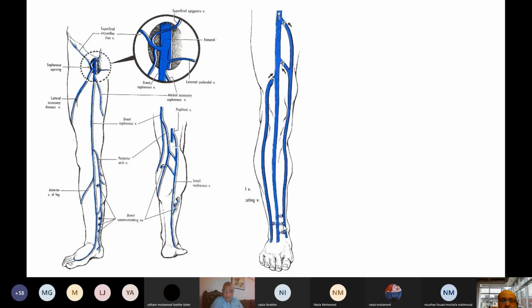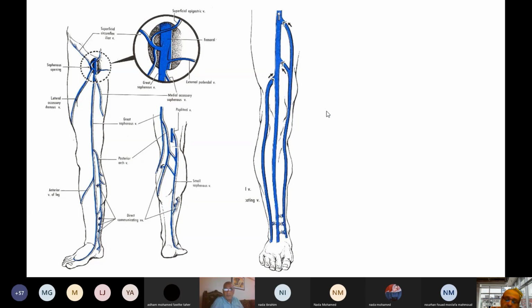We have other valves that allow the blood to flow in one direction from the superficial to the deep system through the perforators. These perforators, which connect the superficial system with the deep one, are guarded by valves that prevent the blood from going from deep to superficial. So to summarize, the blood is going from downward upward and from superficial to deep and not the reverse direction.